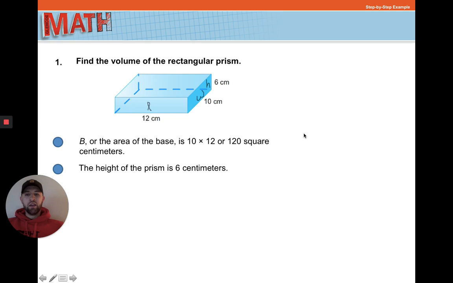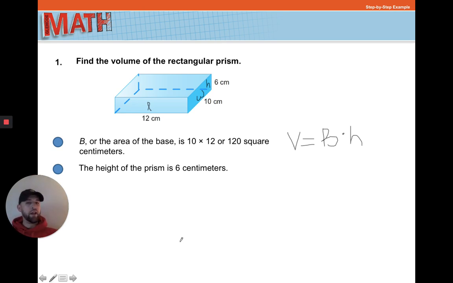So you can see that they are using this formula. I'm going to go ahead and write it down. It was the second formula. V is equal to the area of the base times the height. You can use that.